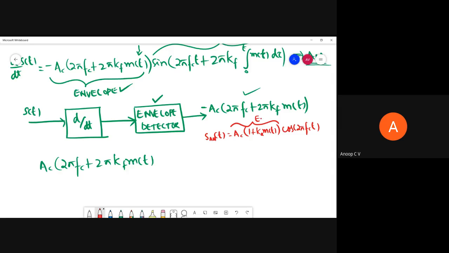So if we can rewrite our envelope in this form, then we can tell the condition for not having phase distortion.